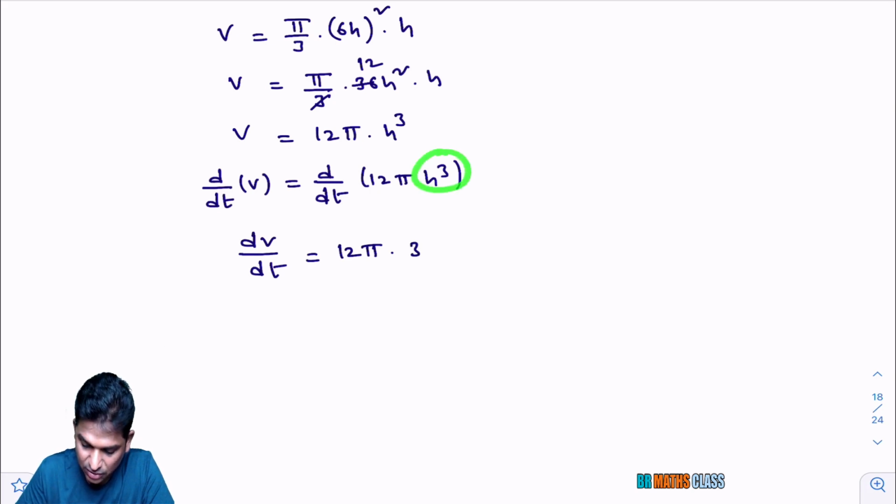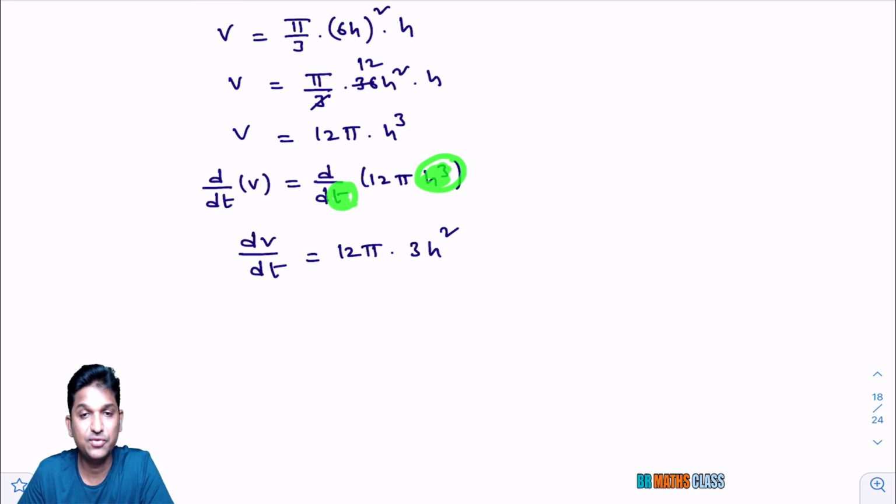Here, the derivative of h cube with respect to t. We know that the derivative of h cube is 3h square. And here the point is, this function is in terms of h, and we are differentiating with respect to t. As these two are different, from the chain rule of differentiation, we know that this can be written as into dh by dt. Okay.